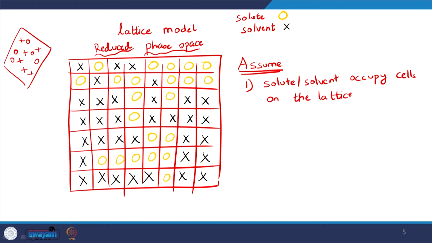But nonetheless, if you notice here, I have tried to put the solute and solvent quite randomly, right? So we can think of, let's say if I have to think of an ensemble of this system, a thermodynamic ensemble, that will correspond to an ensemble of these lattices, and for each state in the ensemble, you will have different positions of solute and solvent.